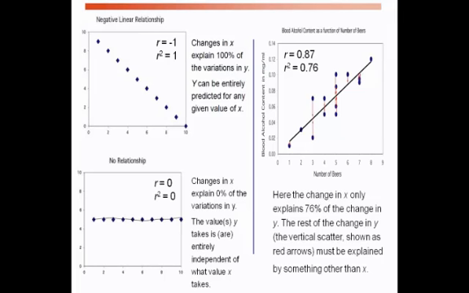Okay, so two things. One, the sign of r depends on the slope. Two, this is only valid when there is a linear relationship. If your plot looks non-linear, curvilinear, do not use r or r squared for that matter, because it won't be valid.